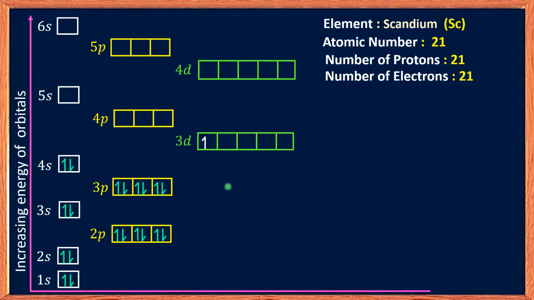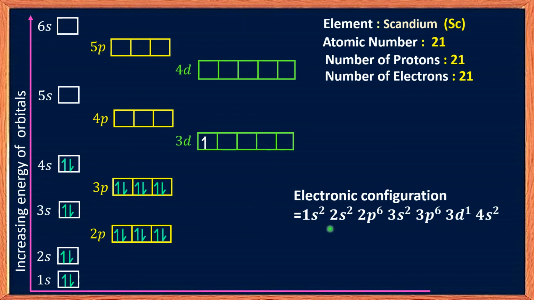Now, what is the electronic configuration you see here? In 1s there are 2 electrons, in 2s there are 2 electrons, in 2p there are 6 electrons, in 3s 2 electrons, in 3p 6 electrons, in 4s 2 electrons, and in 3d 1 electron.